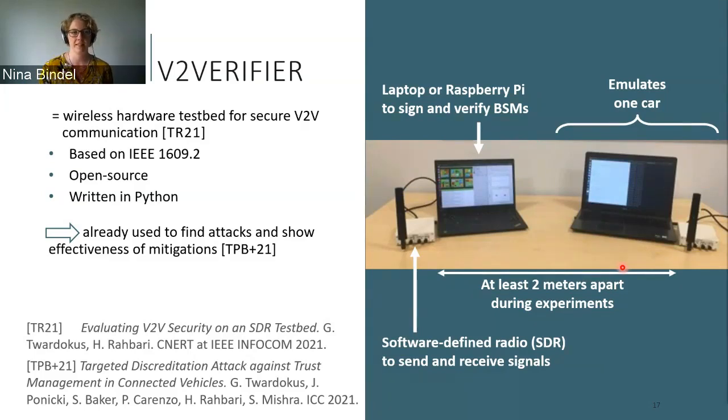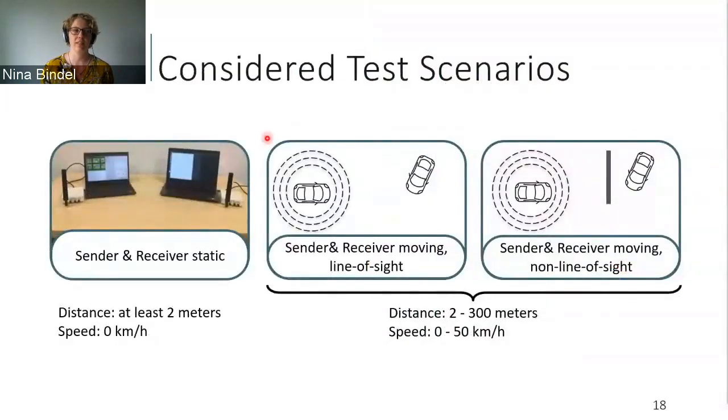The considered test scenarios are, on the one hand, sender and receiver static in a lab environment, but also sender and receiver moving with or without a line of sight, really in real cars on real streets. That means here we are looking at distances from 200 to 300 meters and speeds up to 50 kilometers per hour.